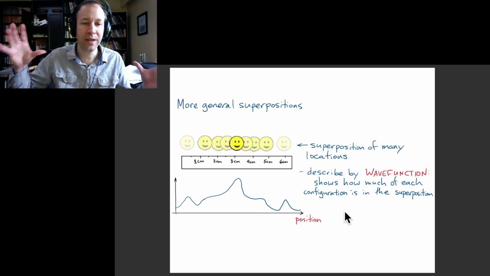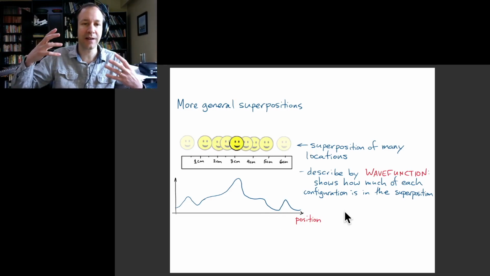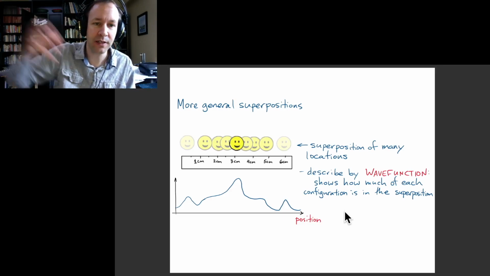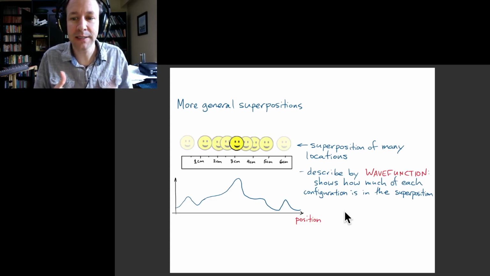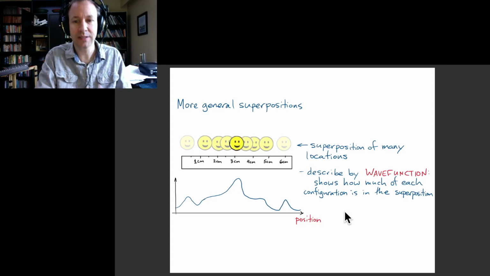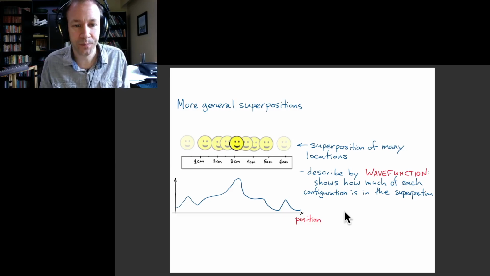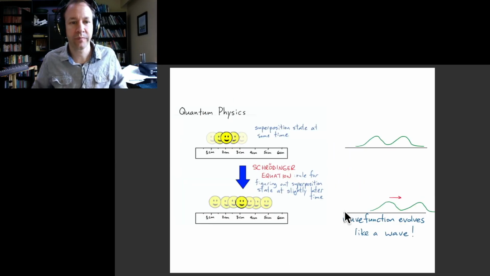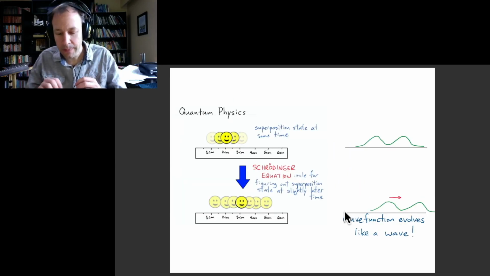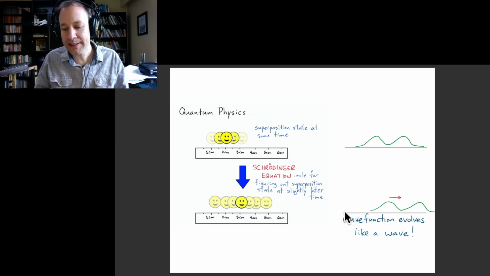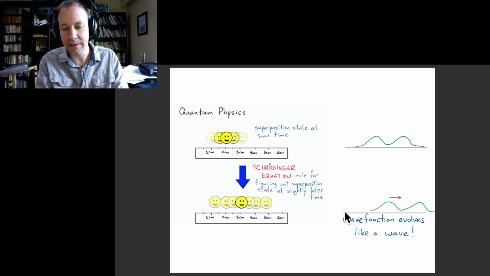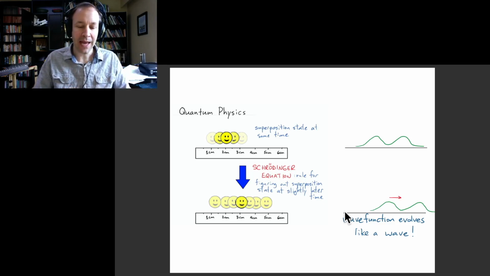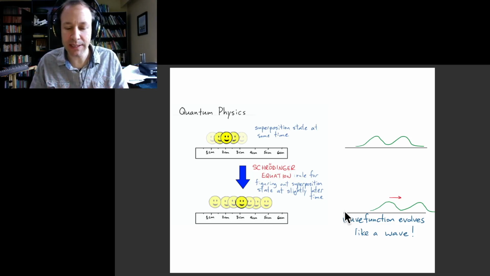In order to specify a general superposition, or the general configuration that an object can be in, you just have to consider these general wave functions. So this wave function replaces the idea of specifying a position and a velocity for an object. And we need something that then replaces Newton's laws.